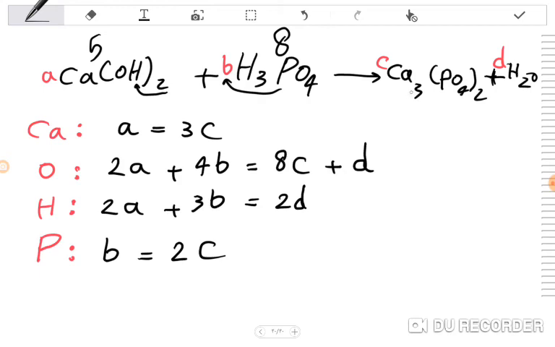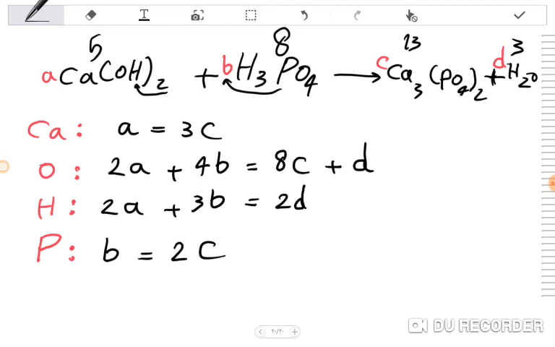Here we have 3 atoms of calcium, 2 atoms of phosphorus, 3 plus 2 is 5, and 2 times 4, 8 atoms of oxygen, and the sum of them is 13. We have here just 2 atoms of hydrogen, 1 atom of oxygen, and the sum of them is 3.